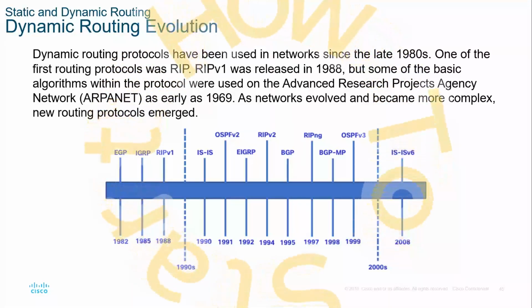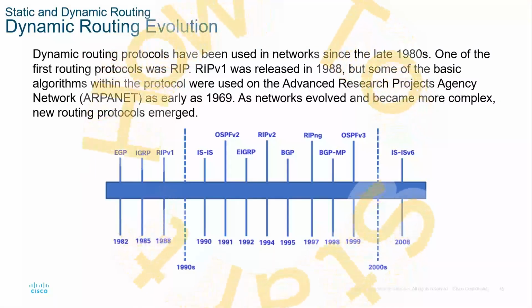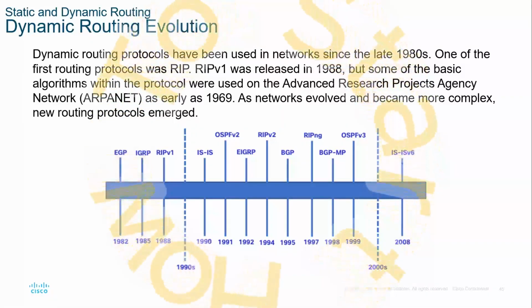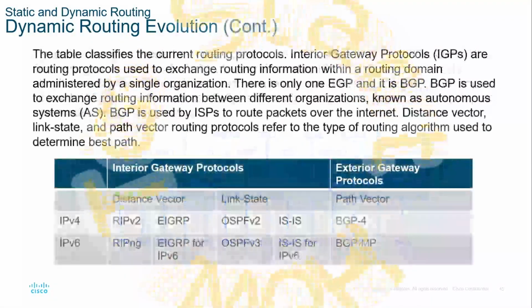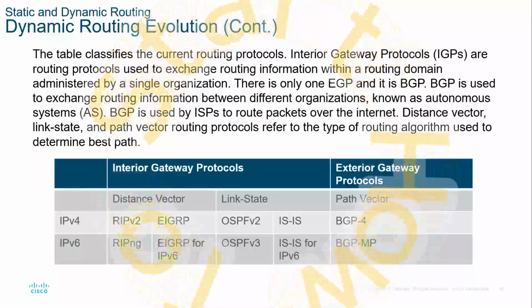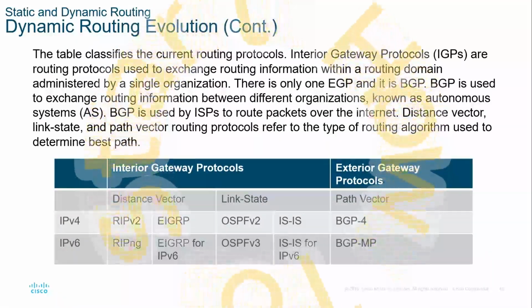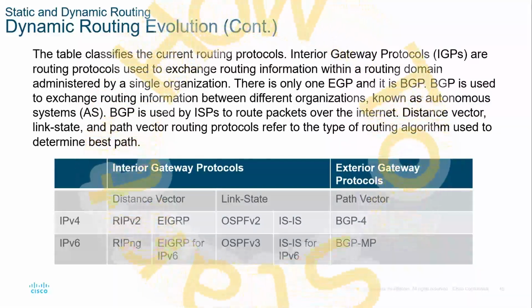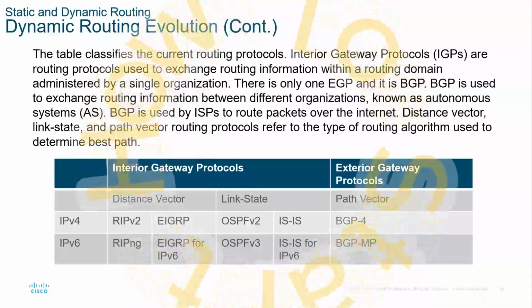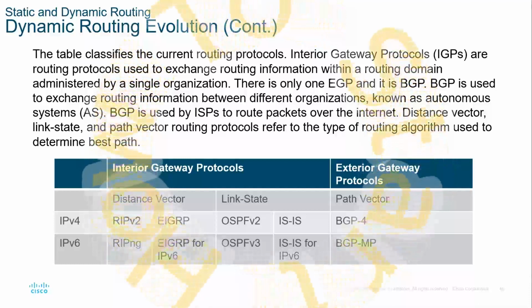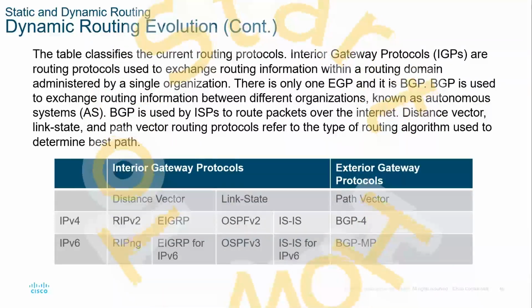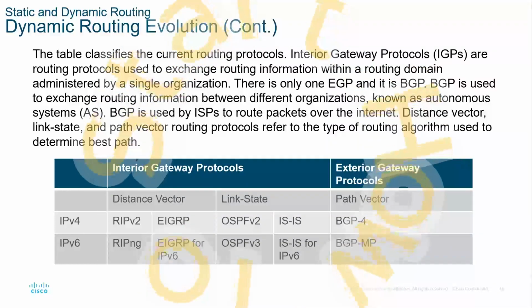So the question that I get asked the most is, what are the routing protocols and how are they broken up? So we have two types of routing protocols. We have interior gateway protocols, IGPs, and we have exterior gateway protocols, EGPs. Basically, if we're talking about who is going to manage it, it will be internal.